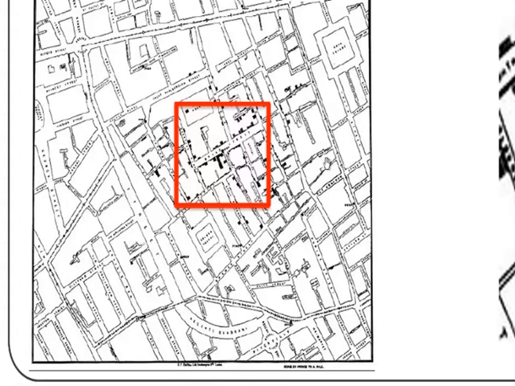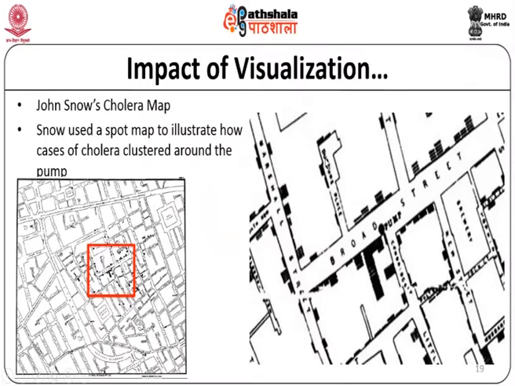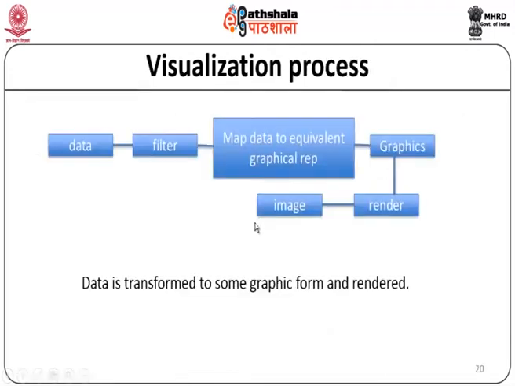This analysis was indeed very useful for the government to identify the important reason for the spread of cholera in Broad Street in London, and later this visualization became a very good example for many data journalists who are trying to visualize data. Now, these examples will clearly help you to understand the impact of visualization.